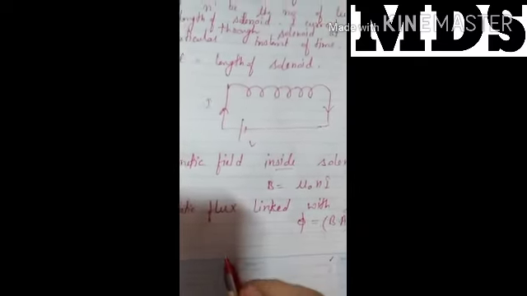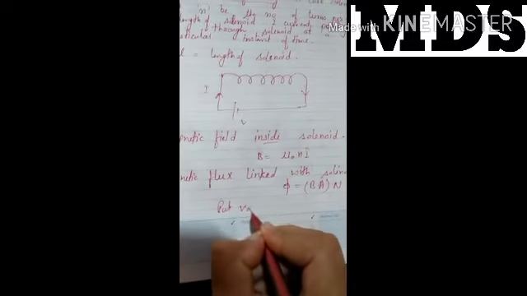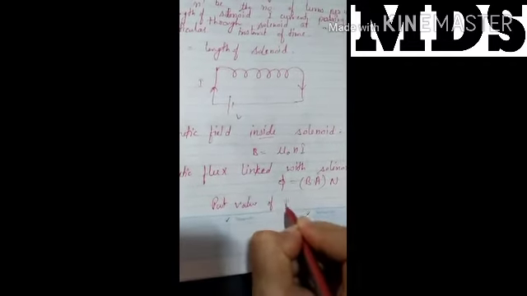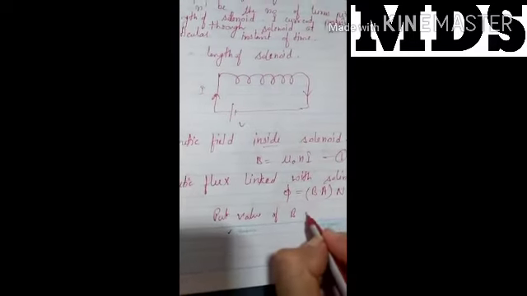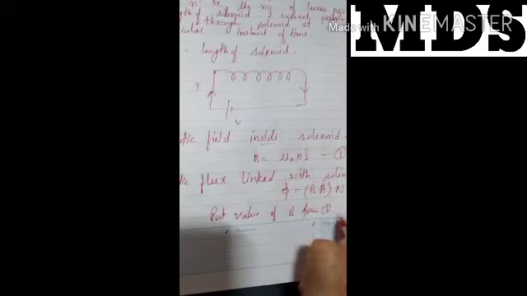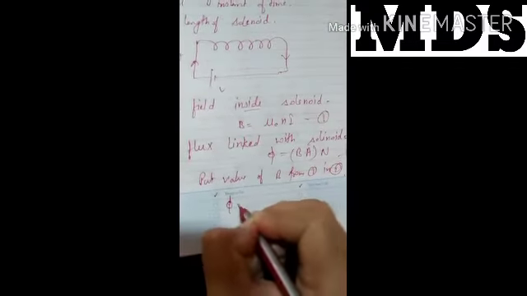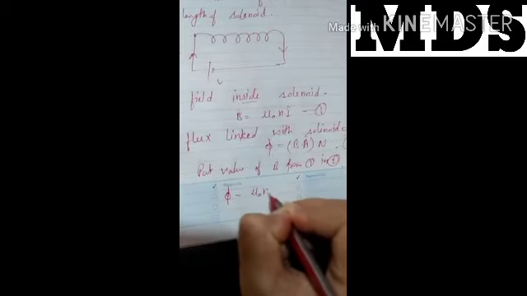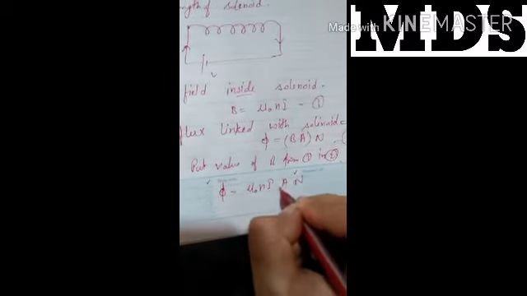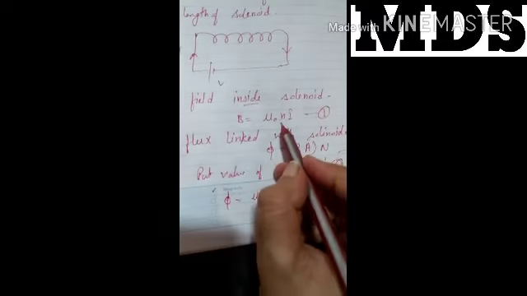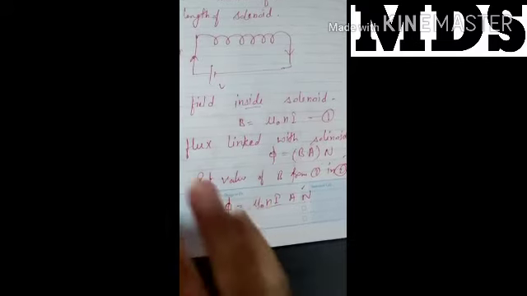Here we write the first equation and here the second equation; from first in second, phi equals mu naught n i A N. Clear?